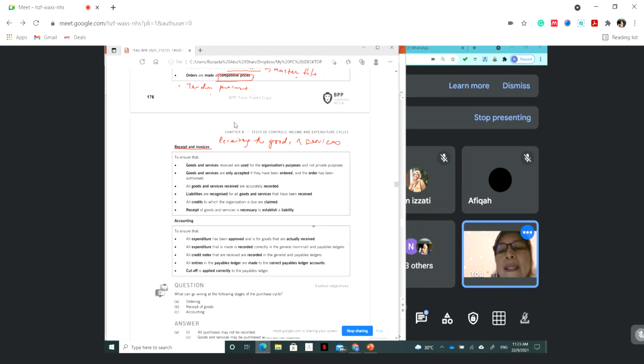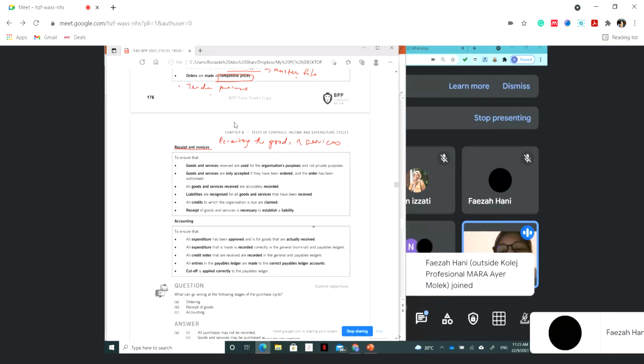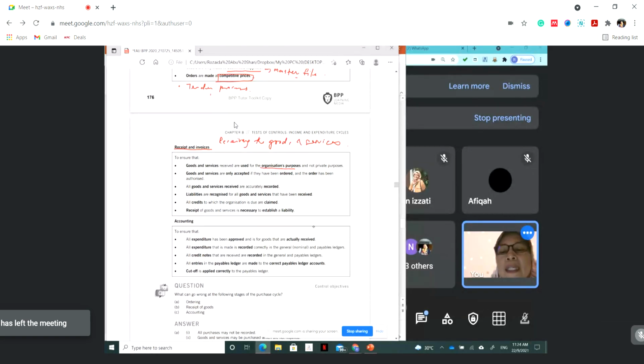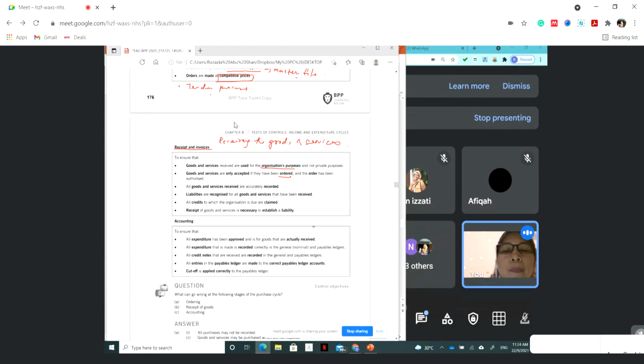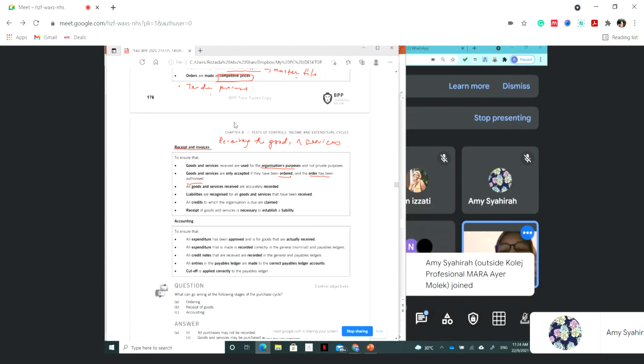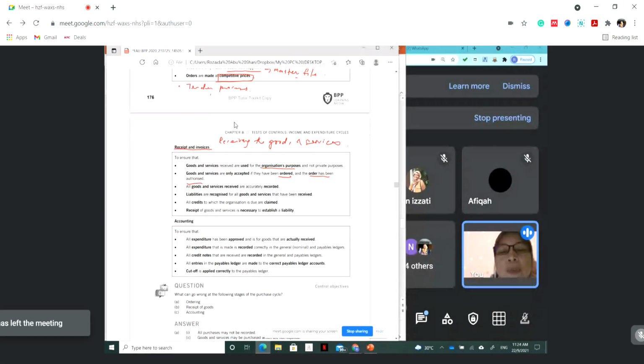And then what is the objective? To ensure that the goods and services received are used for the organization's purpose, and are only accepted if they have been ordered. So it means that the order process, the purchase order, must also be properly authorized. So that is the meaning.